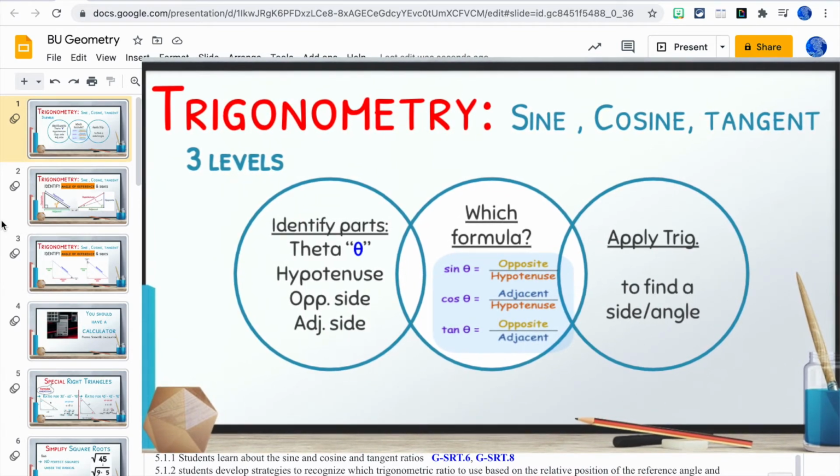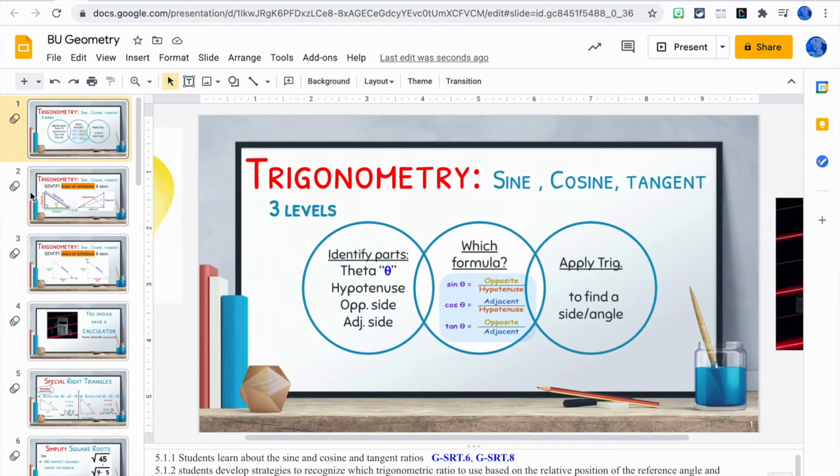In part 1, you are asked to identify parts such as theta, the angle of reference, hypotenuse side, opposite side, and adjacent side. Then students develop a strategy to recognize which trigonometric ratio, which formula to use, sine, cosine, or tangent. And finally, students will apply trigonometry formulas to find a missing side or a missing angle.